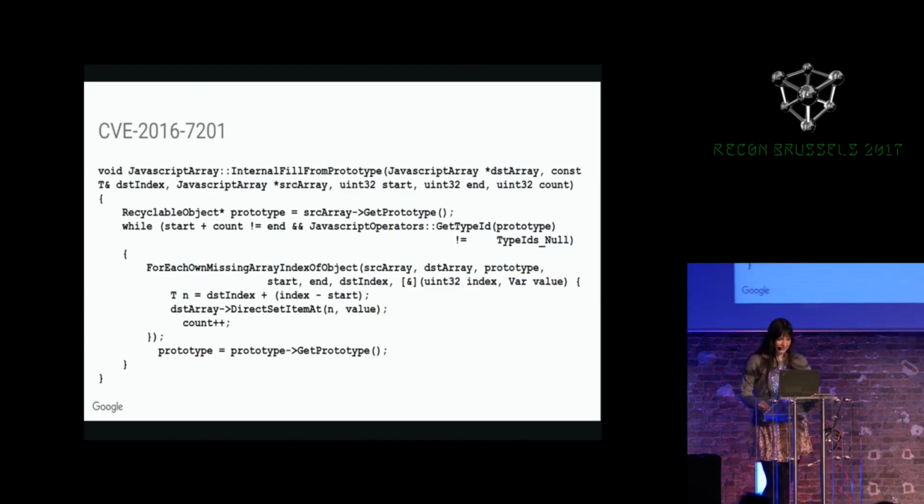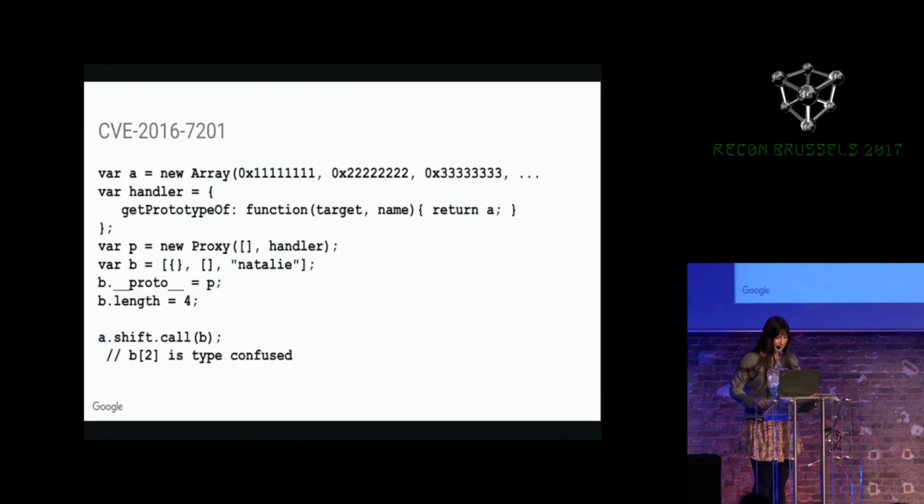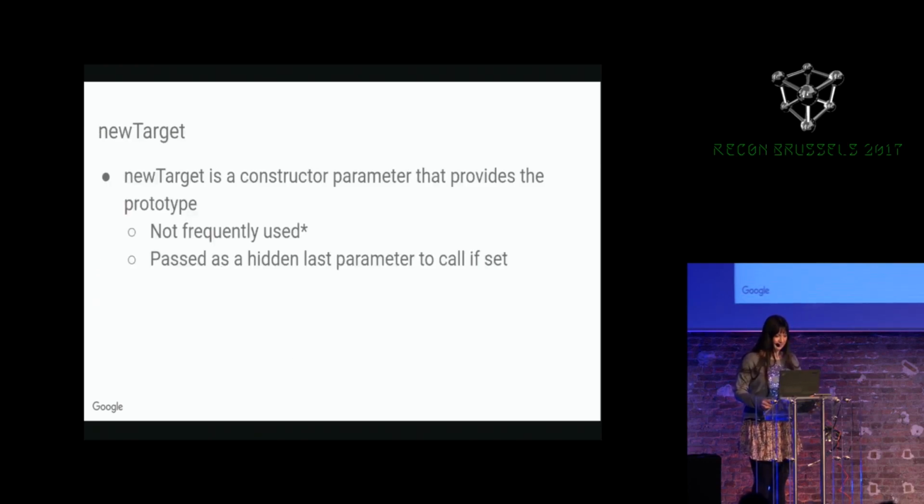And in this one, you can see at the bottom it gets the prototype, and it made the assumption that the prototype is of a certain type, that it is a var array, because normally when you set the prototype of an array, it makes sure that it's a var array, but in this case, that violates that assumption, and it's once again type confusion due to this direct set item at, which only works on certain array types, which is not guaranteed to be the case. And this is the code here, just to show how this works. You create the proxy with the handler, and it has the prototype intercepted at the top.